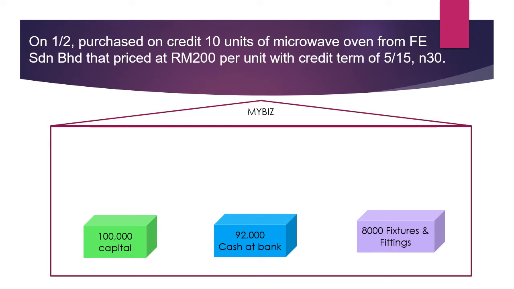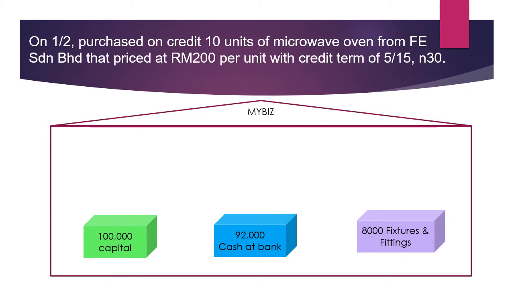Let's have another example. On the 1st February, the business purchased 10 units of microwave oven. So you assume the business is trading electrical goods. So when the business bought the ovens, it is actually to sell them off to the customer.